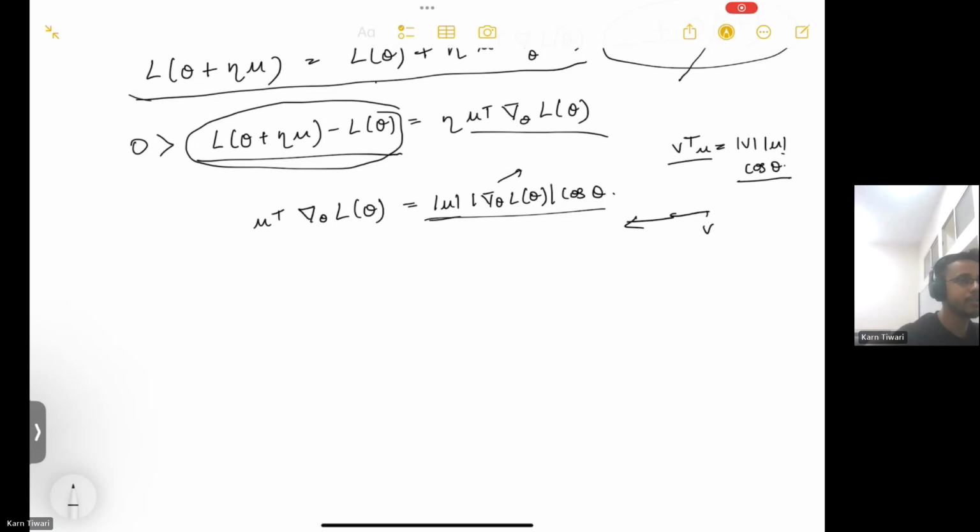I'm trying to follow as much of the notation as was used in the previous lecture, so that it's easier for you to follow.